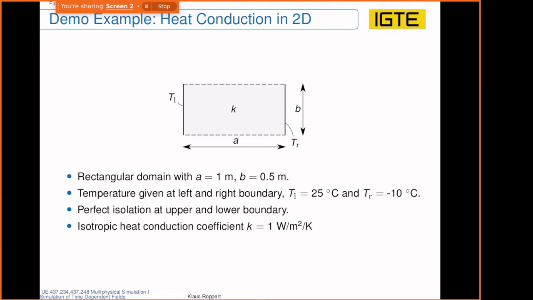And no heat flux through the boundary means an adiabatic boundary, so a perfectly insulated boundary. Yes, so this is the heat conduction coefficient, the K parameter, which is the material parameter inside of this bulk material.